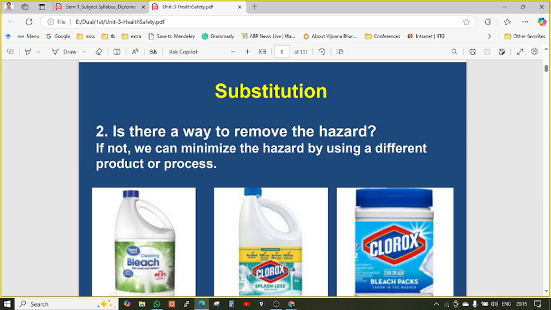You have to switch on the light or fan, but there is a naked wire. So what can you do if you cannot eliminate the condition? The second step is substitution. Substitution means to substitute that thing with another. In a classroom, for example, there are four or five fans, switches or lights.